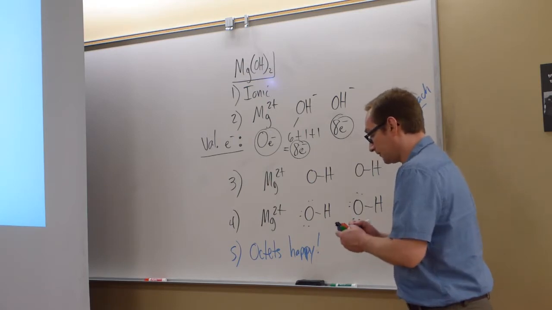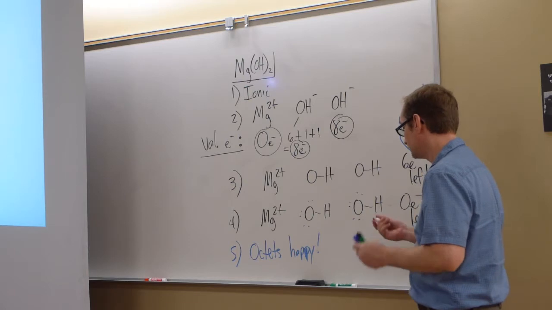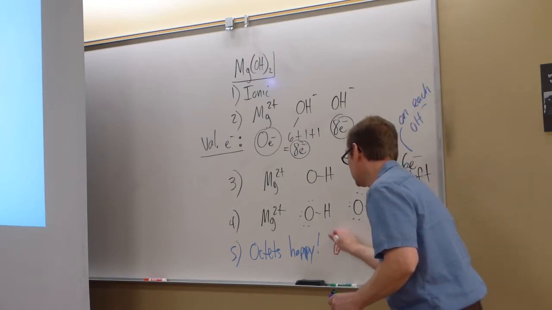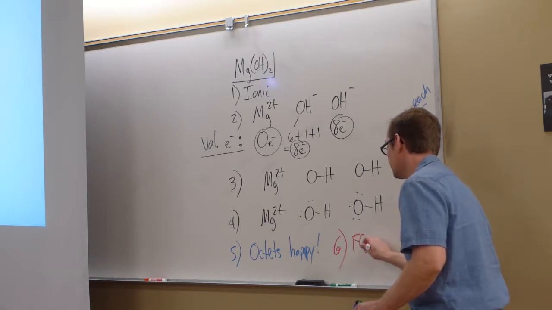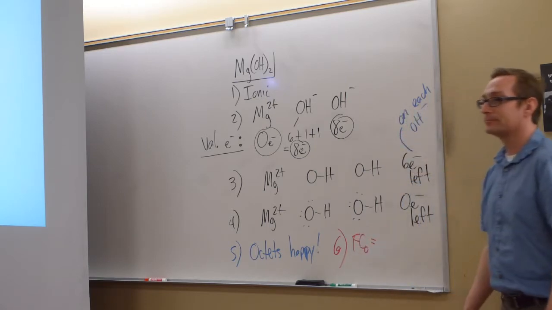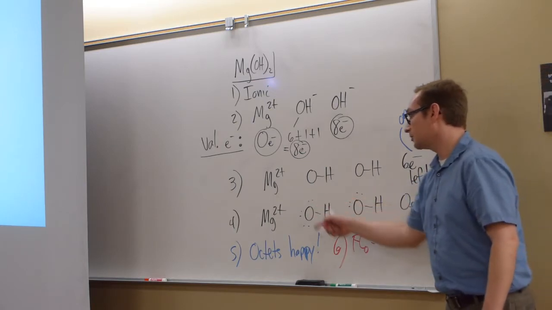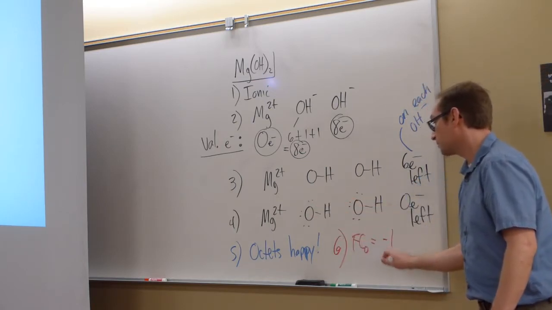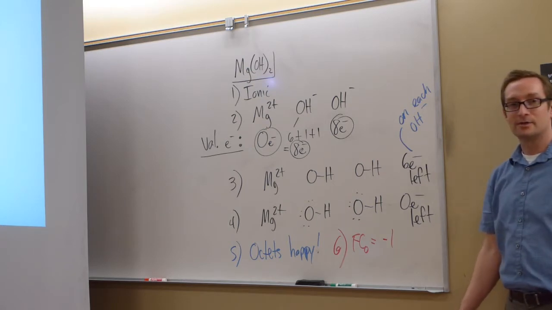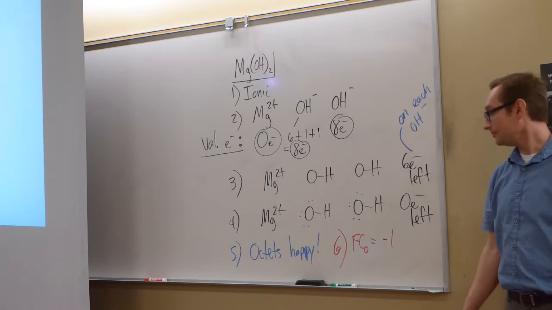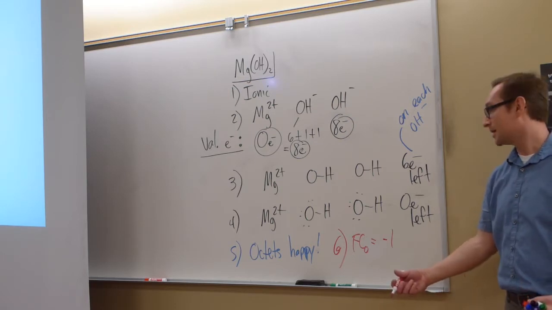If we look at formal charge, the formal charge for oxygen is -1. Each oxygen in each hydroxide has a -1 formal charge. Is everybody okay with that? Anybody need me to show how you got that?